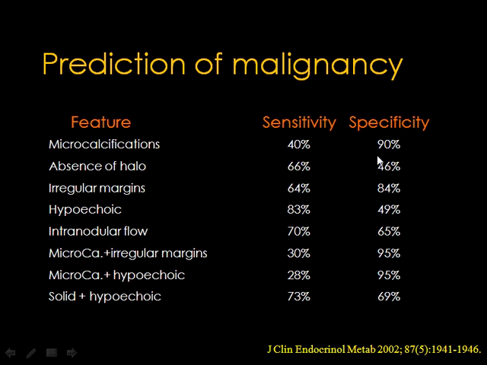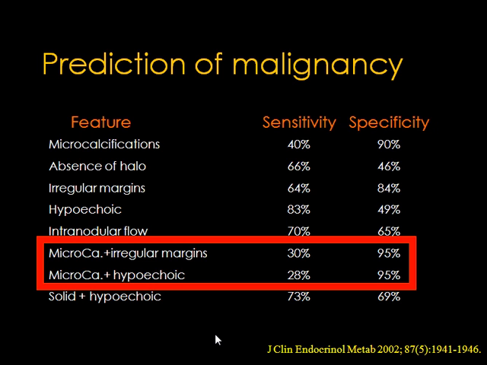This is a review of the literature of the radiological signs that can predict thyroid carcinoma. Many researchers proposed to use these criteria to identify the nodule which is more likely to be malignant and should undergo fine needle aspiration. Of all of these features, we have seen the solid hypoechoic lesions with microcalcifications is the strongest indicator of malignancy.